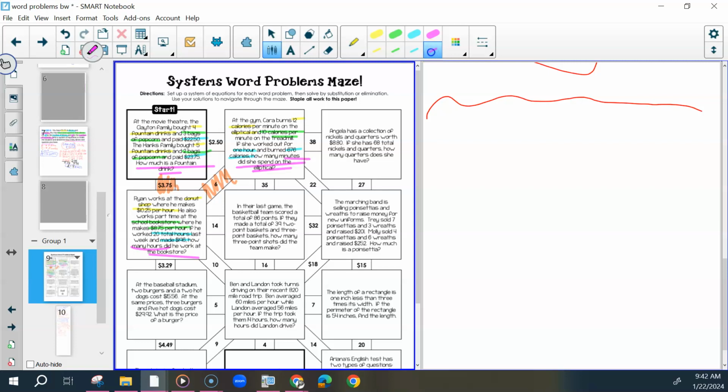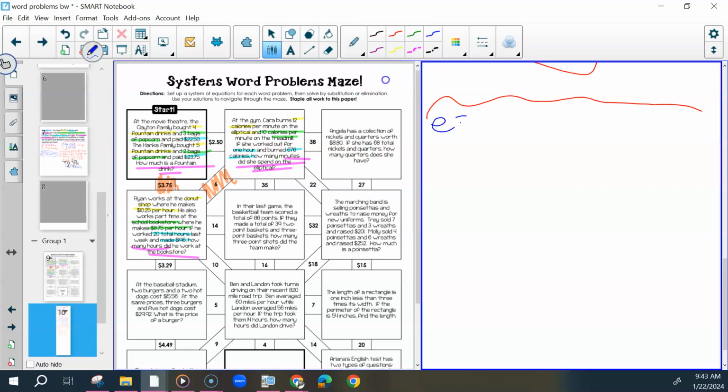Right, so we need two variables. What do we want to call them? E and T. Okay. You can use T, but I would make it look a little different or make it a capital T. That way you don't confuse it with a plus. I'm going to make it a capital T. And these would represent what?